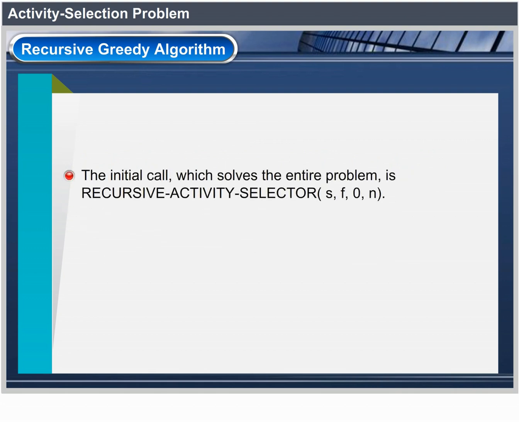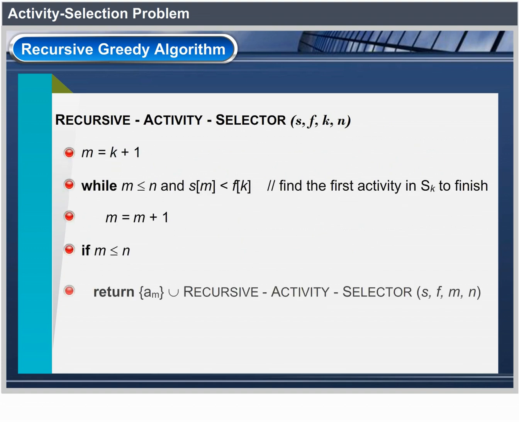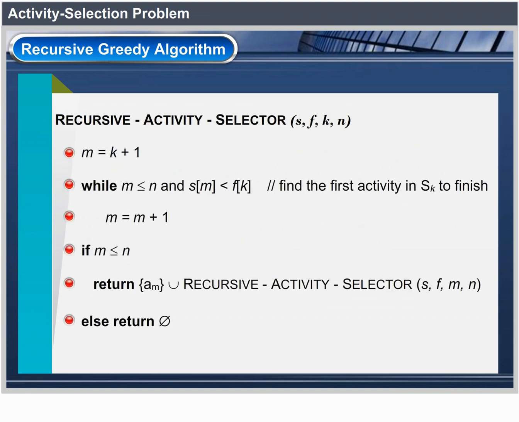The initial call, which solves the entire problem, is recursive activity selector. The recursive activity selector procedure is shown here.